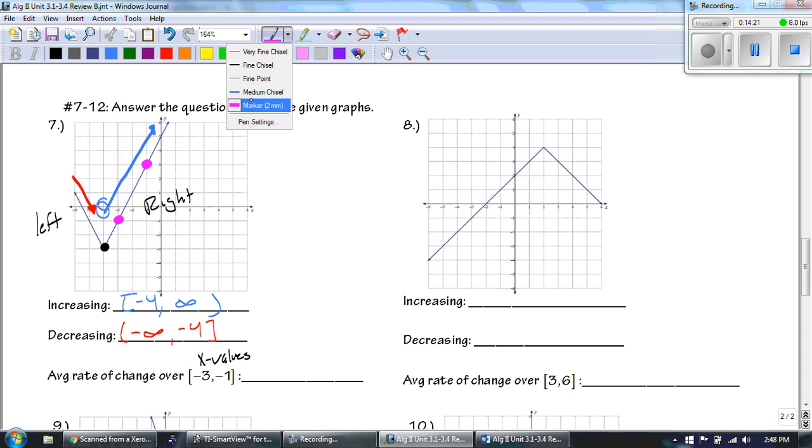There we go, there's -1. Okay, so how do I get from one point to the next? Well, I have to go up first. I went up 4 over 2. Okay, so if I were to come up here and say, well, I went up 4 over 2, well, that reduces to 2 over 1, which is the same thing as 2.